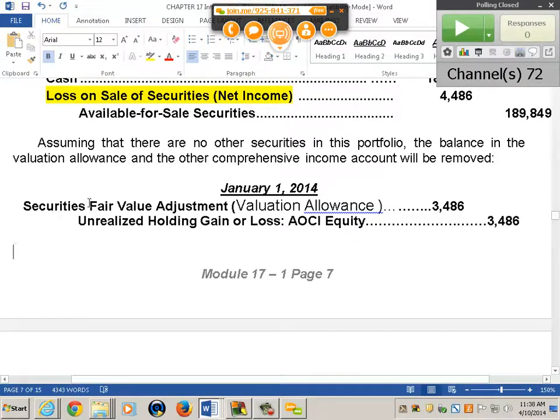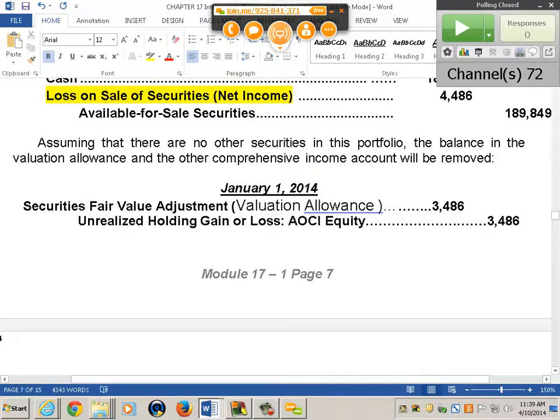So you just debit the allowance account and credit the AOCI, because now you don't carry any more securities. But the point is, this is an extreme case, but you would have to adjust the allowance account periodically for changes in the portfolio composition as well as changes in fair value. So again, I'm not showing you a multi-security here, but you would have to make that adjustment.